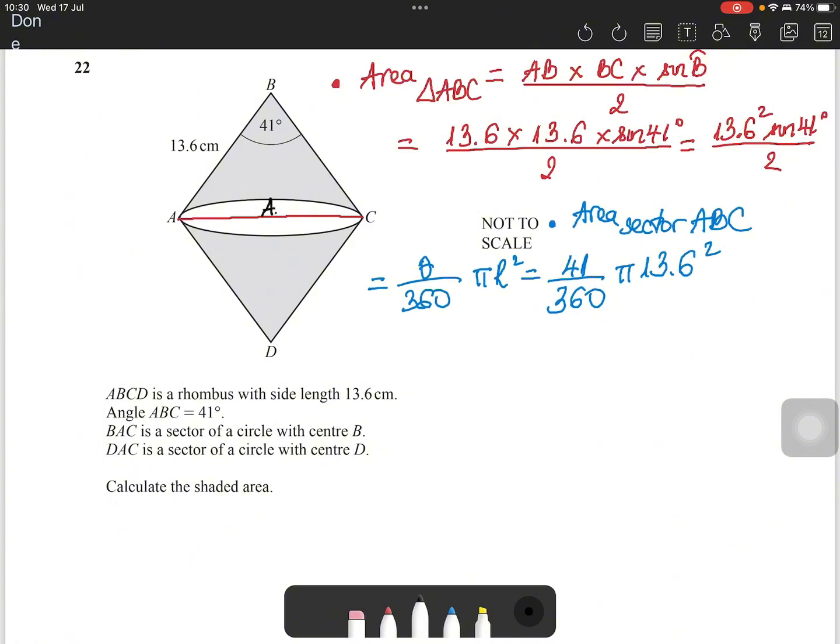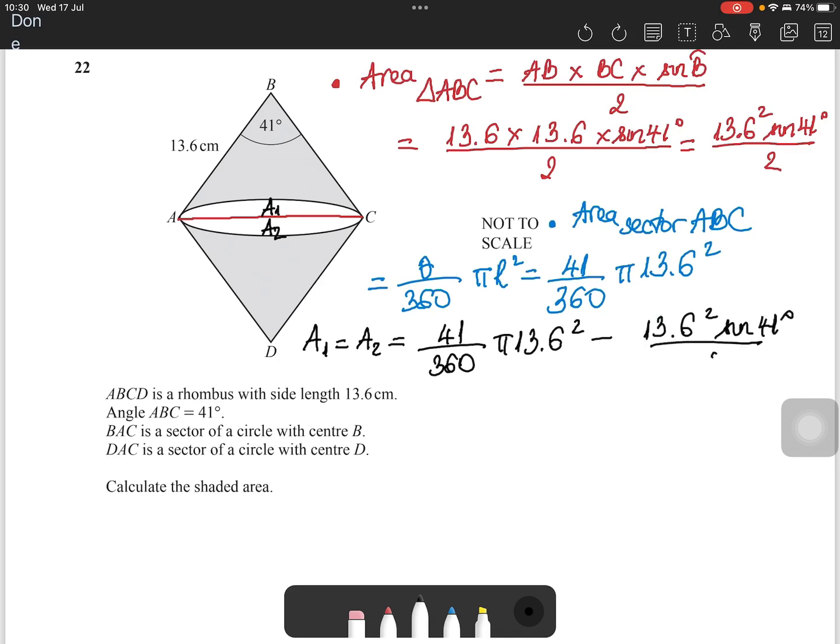Now I'll call this A1. This one is A2. The areas A1 and A2 are the same because they are both the area of sector ABC minus the area of the triangle ABC, which is 41 over 360 pi 13.6 squared minus 13.6 squared sin 41 degrees over 2.